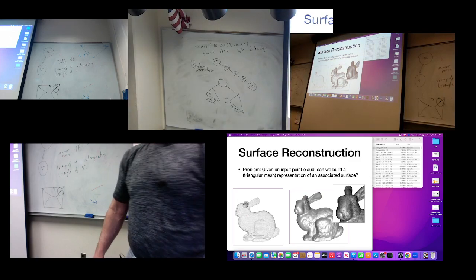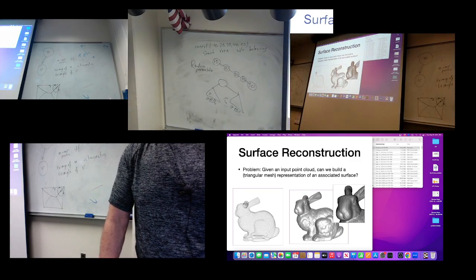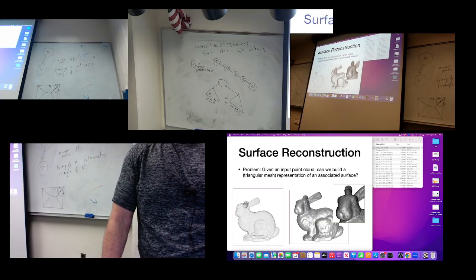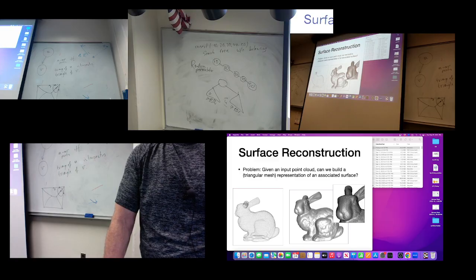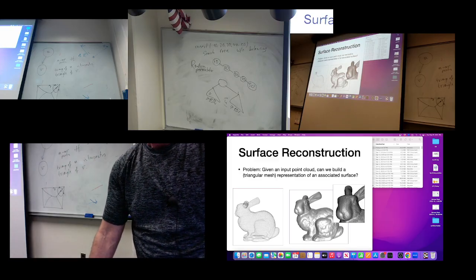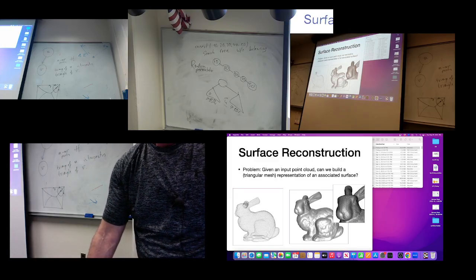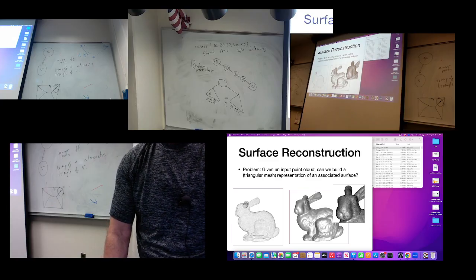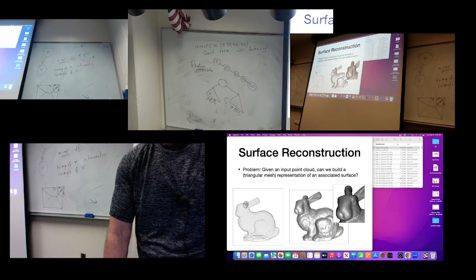Okay, so plenty of applications right here, but I want to move even further. So let's do surface reconstruction. The Stanford bunny: I sampled points on the skin of the Stanford bunny, say by a 3D laser scanner, and now I want to reconstruct the shape. And I want to ask, can I do it reliably or not?